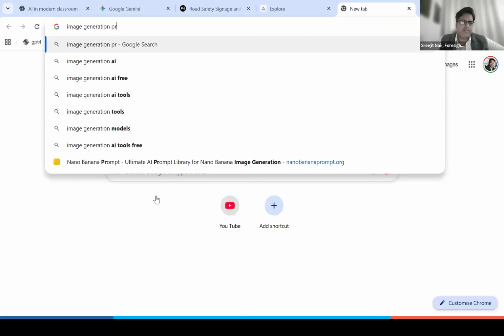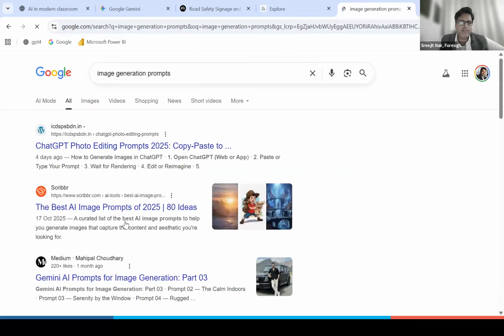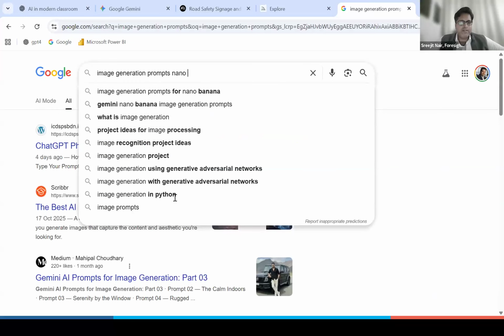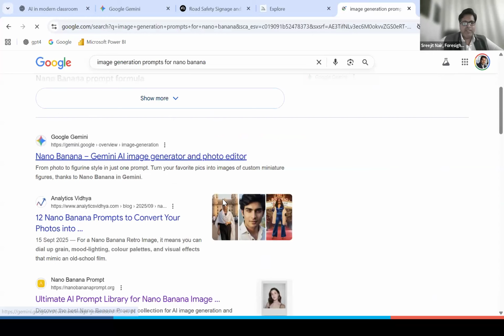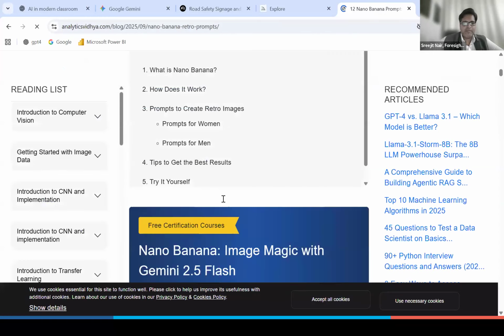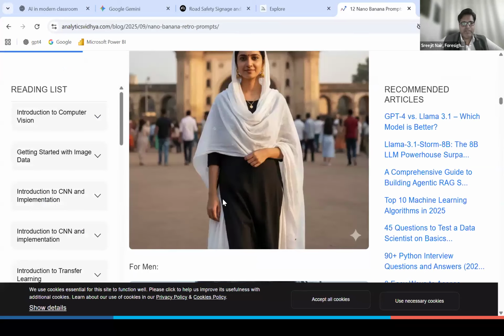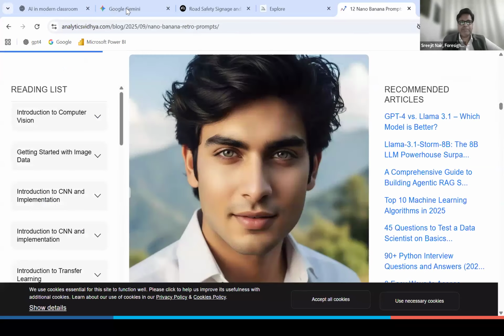So there are a lot of options and opportunity, with the prompts that you will see here. This is the prompt with which it has been created.